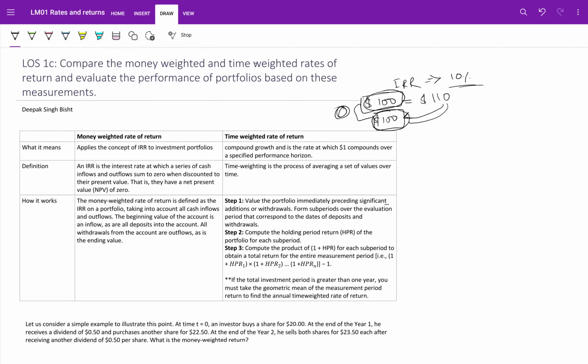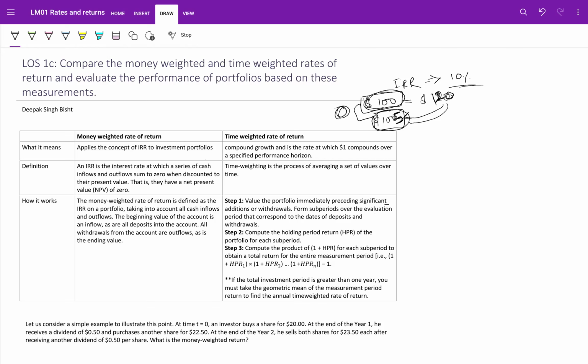Let's assume that it was 120 and I discount it at a 10% rate. Roughly it would be somewhere around 105. So at this rate of 10%, the net present value would be the difference between the inflow and the outflow at time zero.